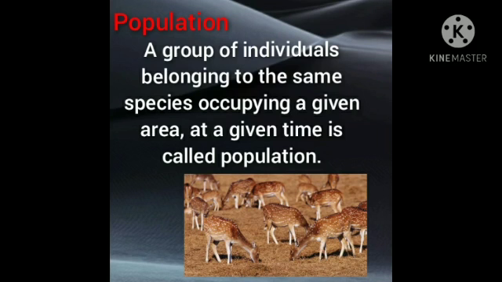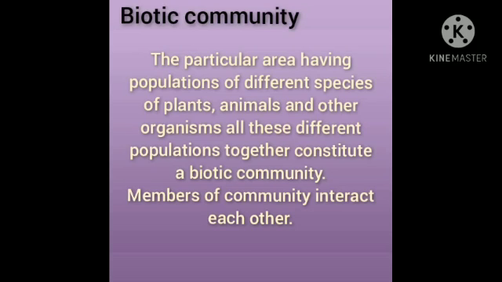A group of individuals belonging to the same species occupying a given area at a given time is called population. The particular area having populations of different species of plants, animals, and other organisms, all these different populations together constitute a biotic community. Members of a community interact with each other.